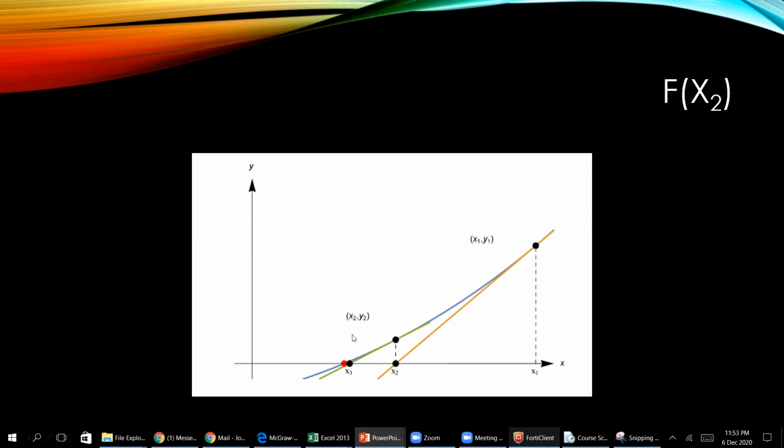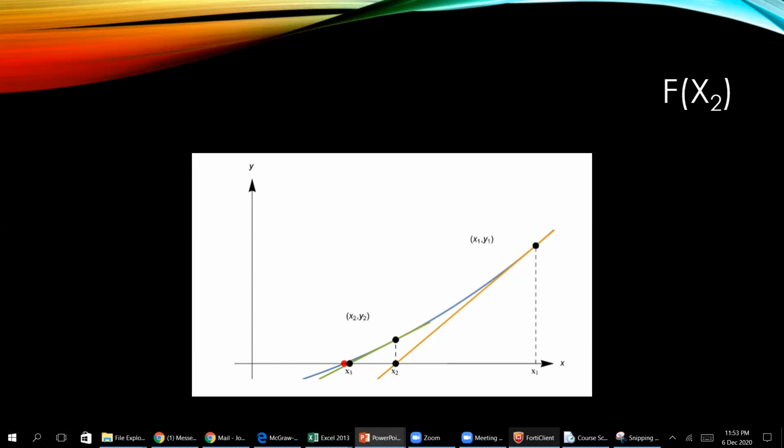Continuing in this way, we find points x sub 1, x sub 2, x sub 3, x sub 4, approximating a solution. This method for finding a solution is Newton's method. So we draw tangent lines until we get to this red dot, which is the root.